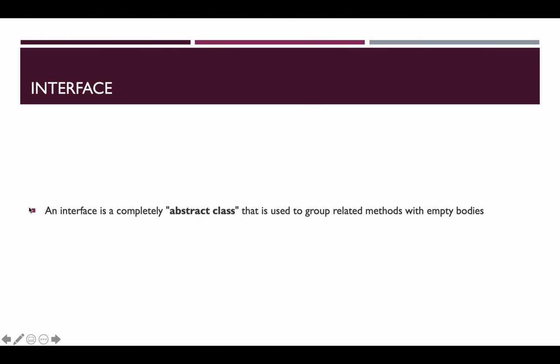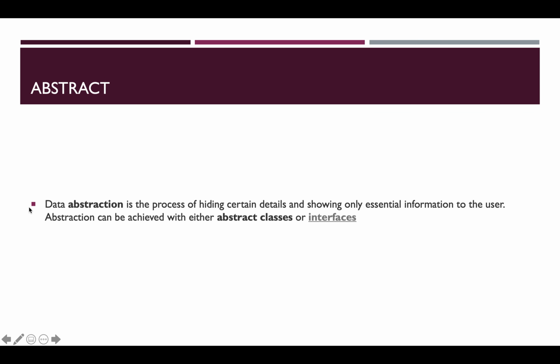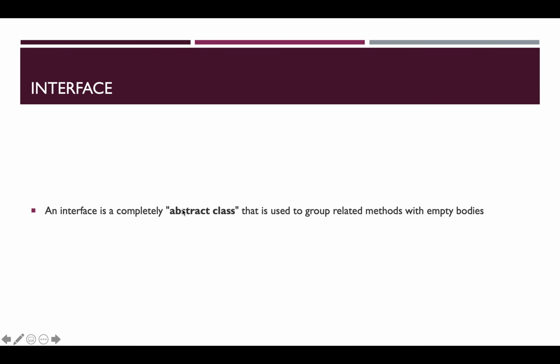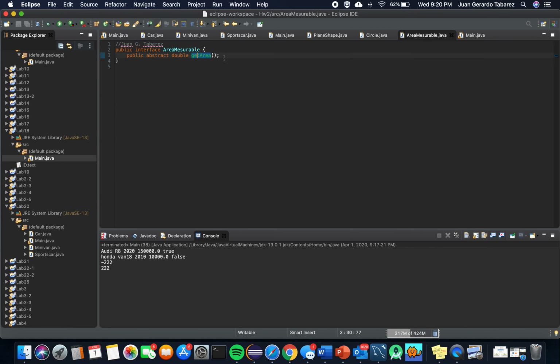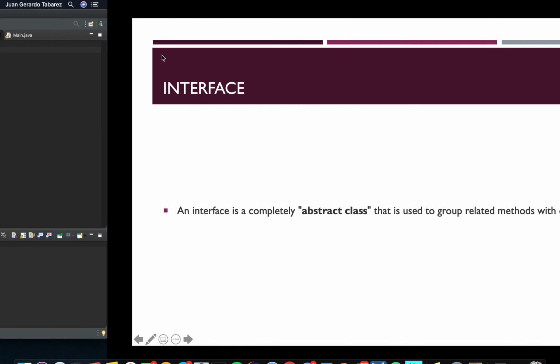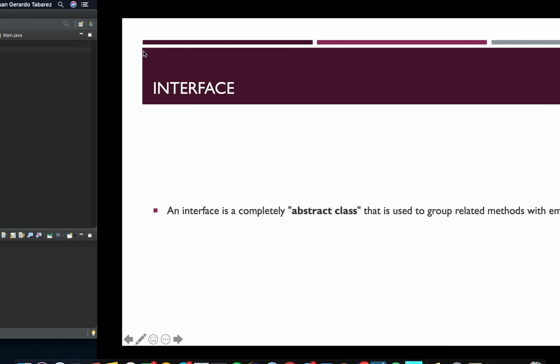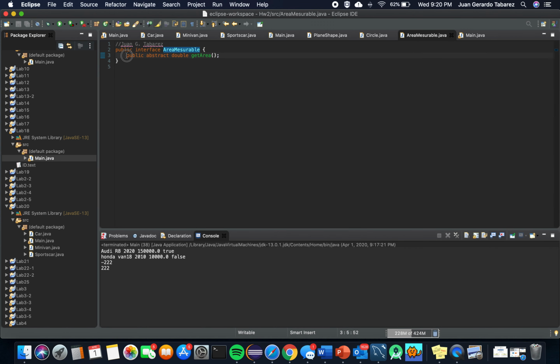And the interface, which is also together with the abstract, very similar. An interface is a completely abstract class that is used to group related methods with empty bodies. So once again, here we have our interface measurable, and we have our method with it, which is our get area method, but it's empty, it doesn't have anything with it.